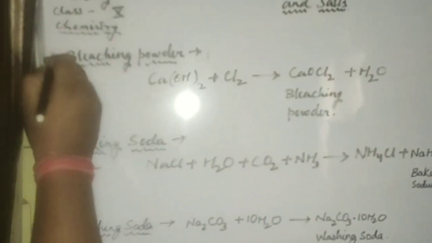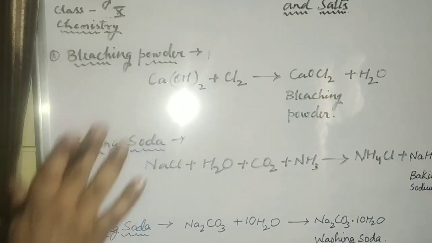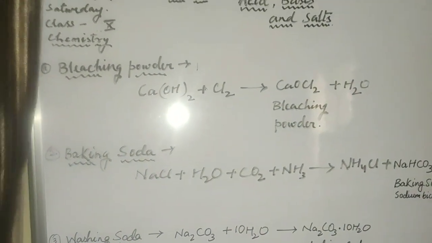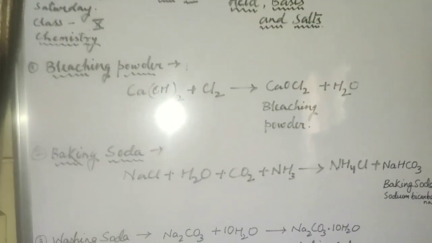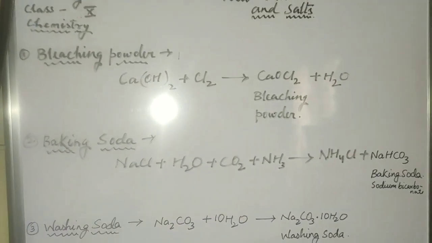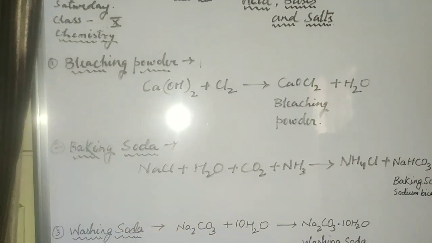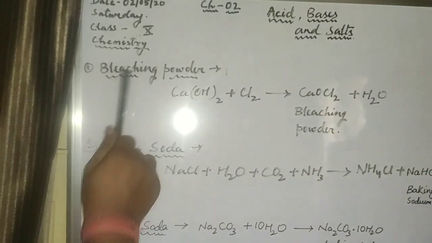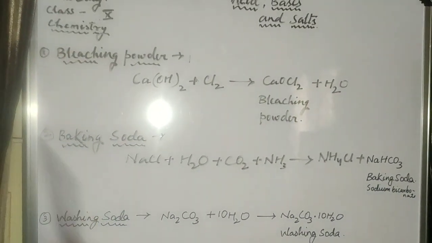Now, our next topic. We have seen during the electrolysis of brine, what we have obtained: sodium hydroxide, alkali, chlorine gas and hydrogen gas. Now, these products can be used to obtain other products.